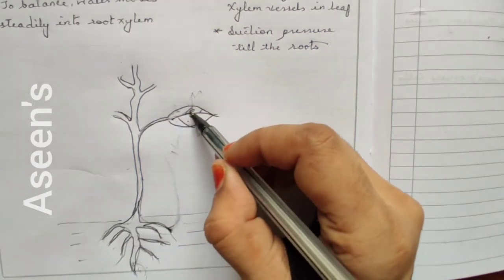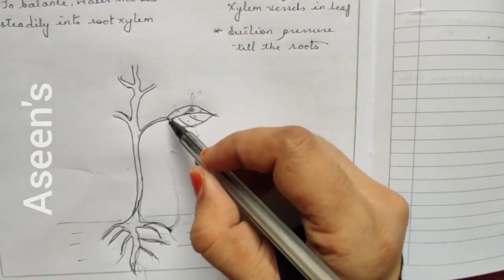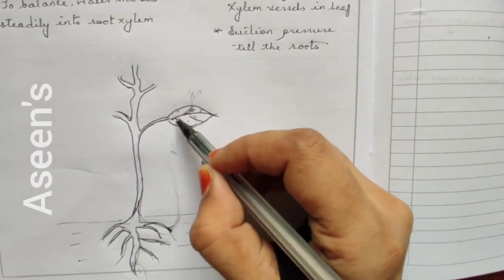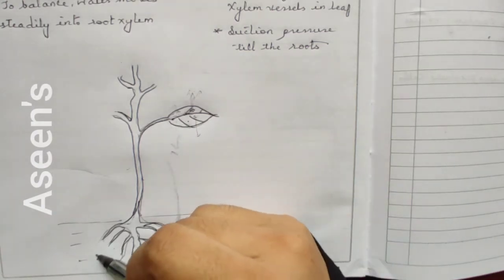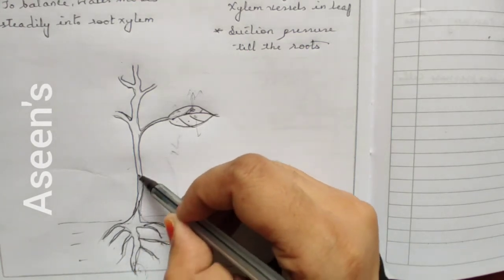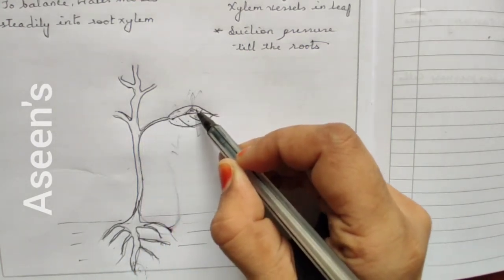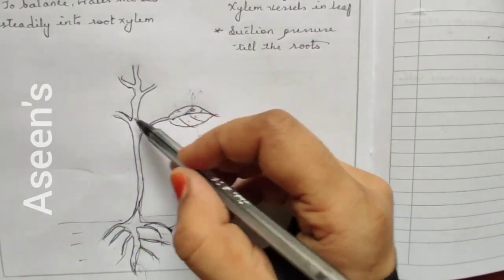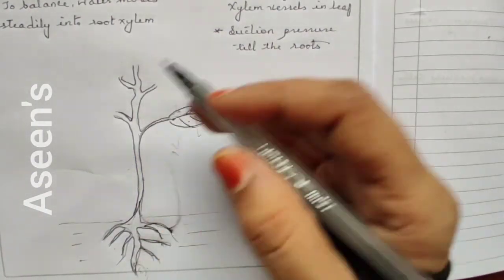Because of the need of water, as the water keeps going out from here, it will be pulling water, and because of that, water will start to enter the roots, and as it goes up, it will start to supply water to each and every branch.